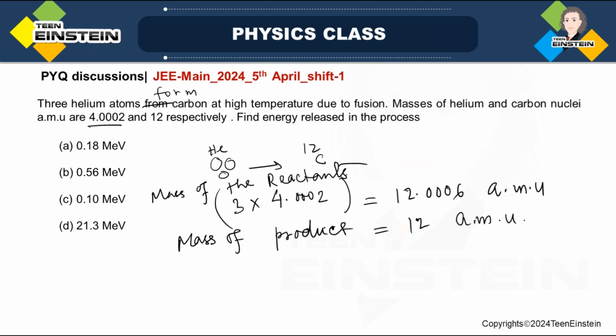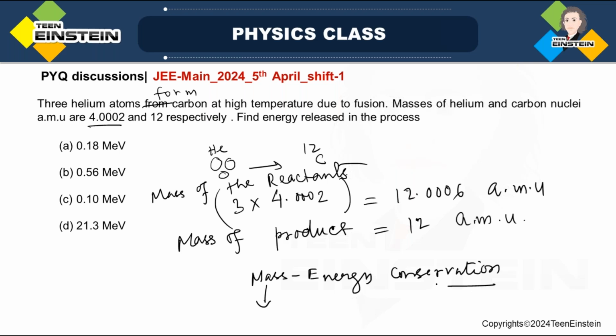Mass conservation is there, energy conservation is there, and in high energy physics there is also something called mass energy conservation. That means when a mass disappears, that gets converted into an equivalent amount of energy. This is called the mass energy conservation law.